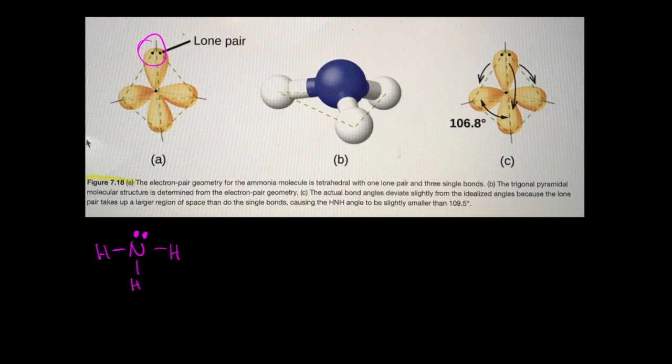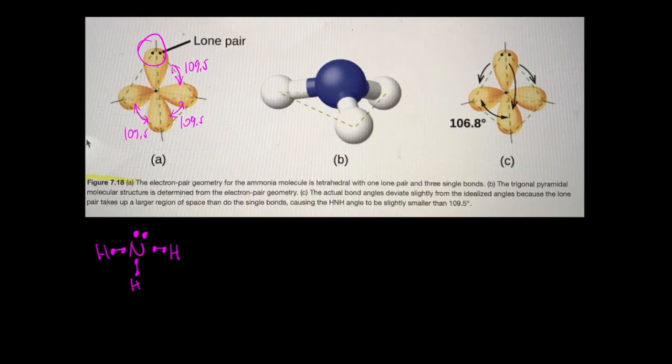We have electrons that are lone pairs on the nitrogen, and we have electrons that make up the nitrogen-hydrogen bond. And all 4 of these pairs repel one another to position themselves approximately 109.5 degrees away from each other, okay? All angles here are going to be 109.5. That's the angle for a tetrahedron, okay?